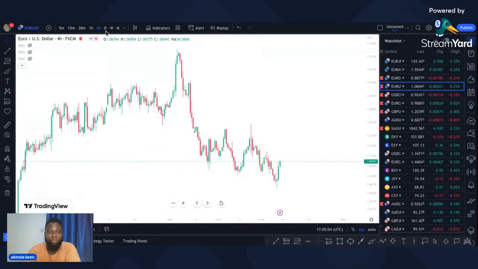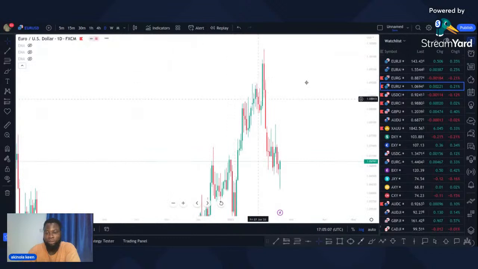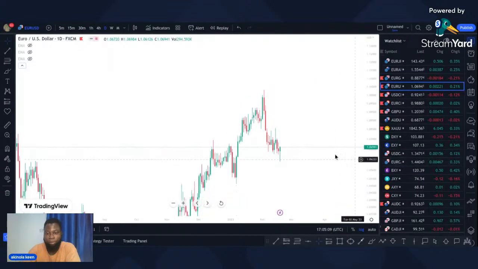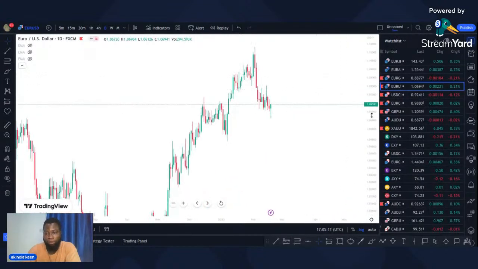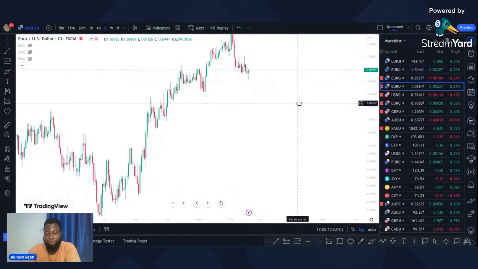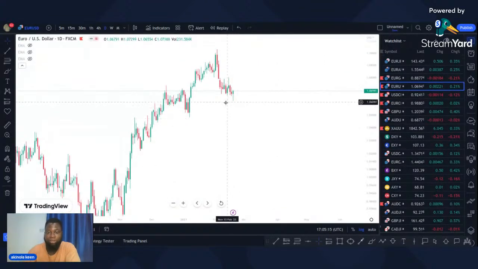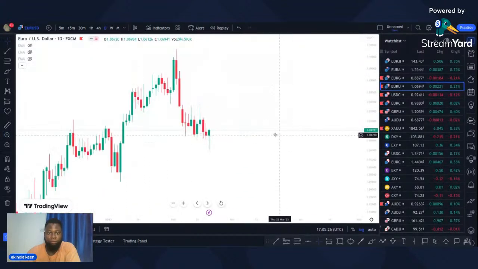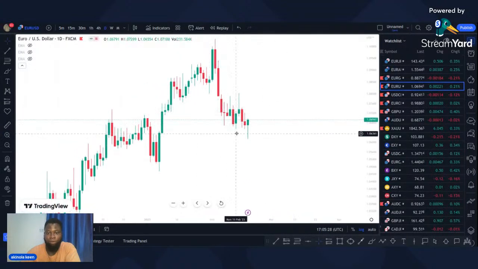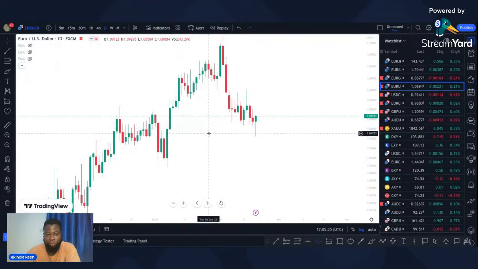So let's go to the daily time frame and see what we can see on this particular pair. What you can see on the daily time frame is an uptrend, which is the general trend. But if we look closer into the market, the price is not showing signs of continuation of the trend.